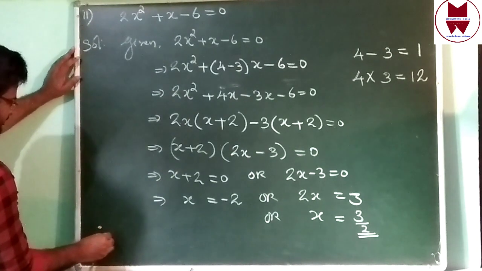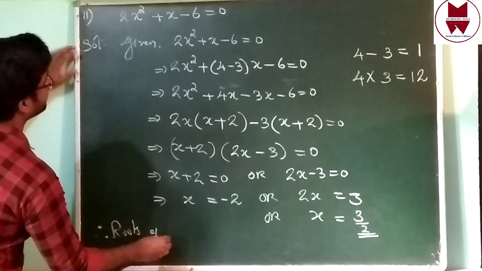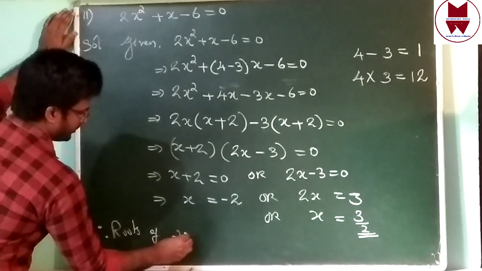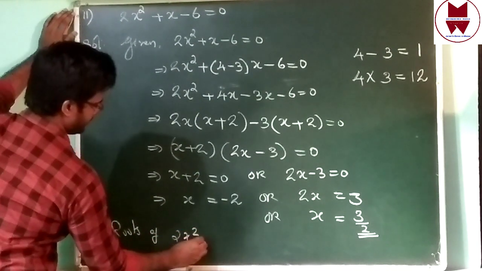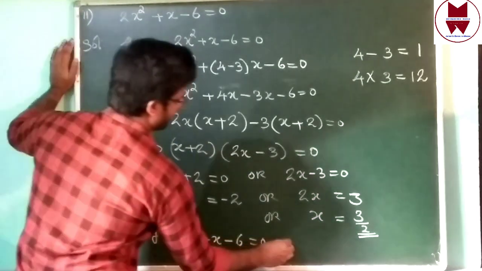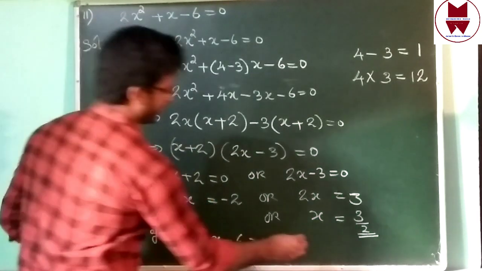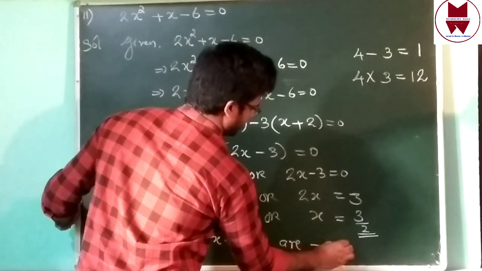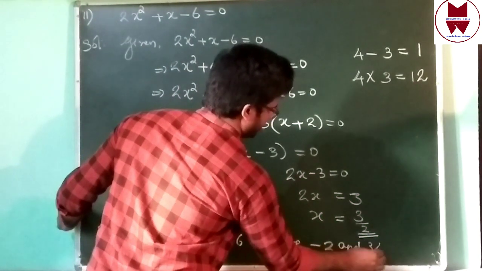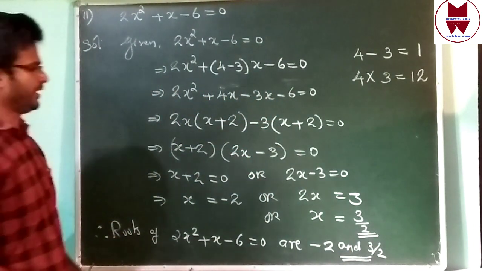Therefore, roots of our equation 2x square plus x minus 6 equal to 0, two roots we got, that is minus 2 and 3 by 2. That's our answer. Just pause the video or write down.